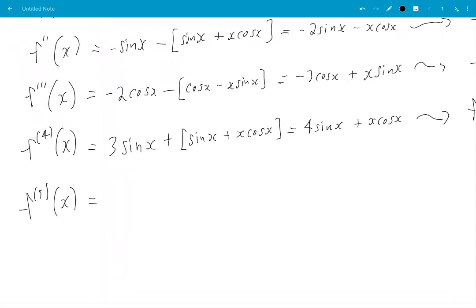So fifth derivative is 5 sine x plus product rule x sine x, showing 5 sine x. I made a mistake somewhere, haven't I? Dude, this should be a cosine.